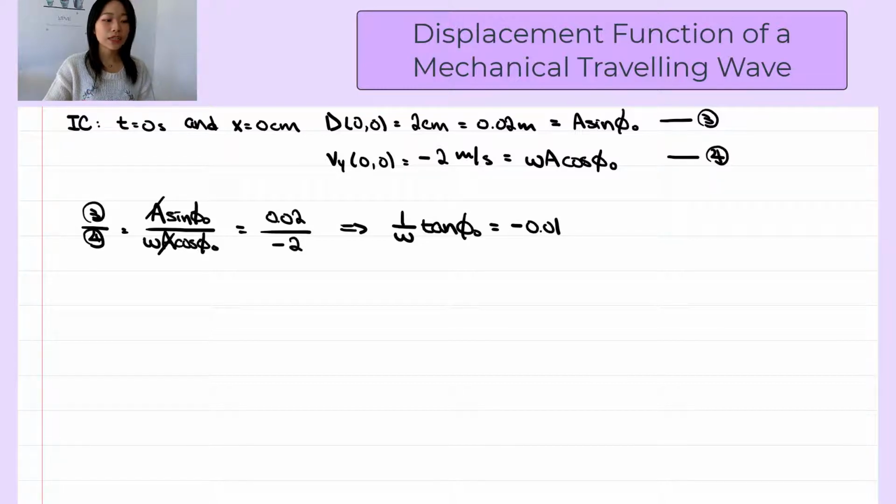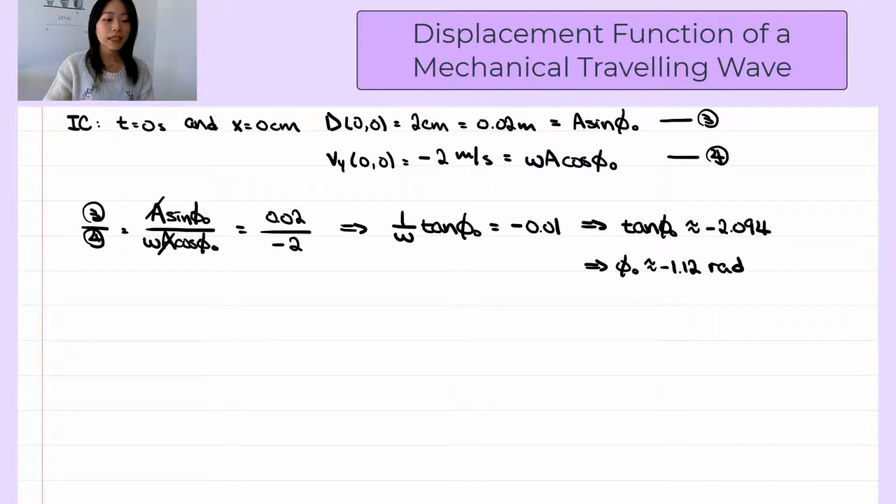And remember that we already found angular frequency, so we substitute the angular frequency in this equation. We get tangent of phi naught is about -2.094. Then we can solve for phi naught. Phi naught would be inverse tangent of -2.094, and we get -1.12.